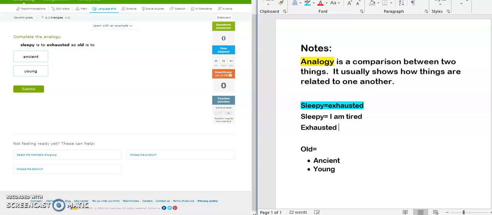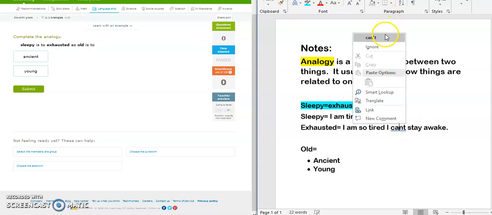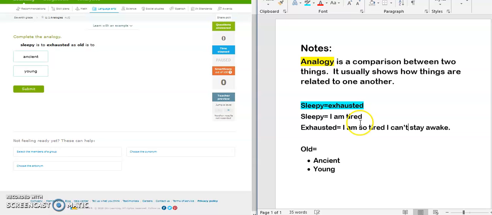And exhausted means I am so tired I can't stay awake. So this is like a little, and this is much more. So sleepy's a little bit, exhausted's the extreme.